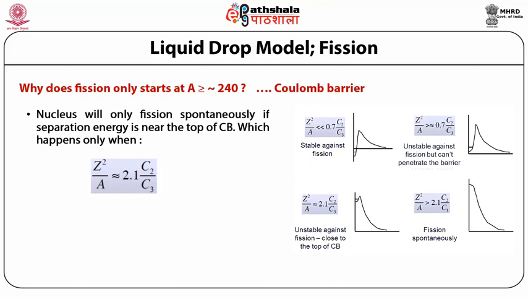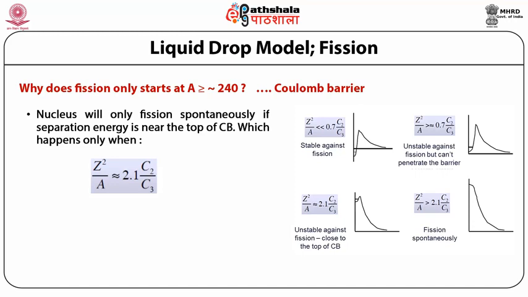One of the reasons for this is the Coulomb barrier, because we have understood from our discussion in the previous slides that fission is the result of competition between the Coulombic and surface energy terms. So a nucleus will only fission spontaneously if separation energy is near the top of the Coulomb barrier, which happens only when Z square by A is around 2.1 C2 by C3.